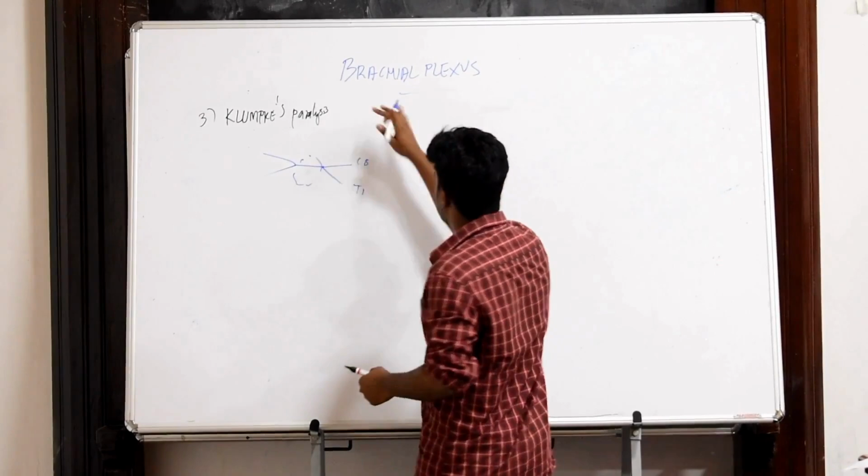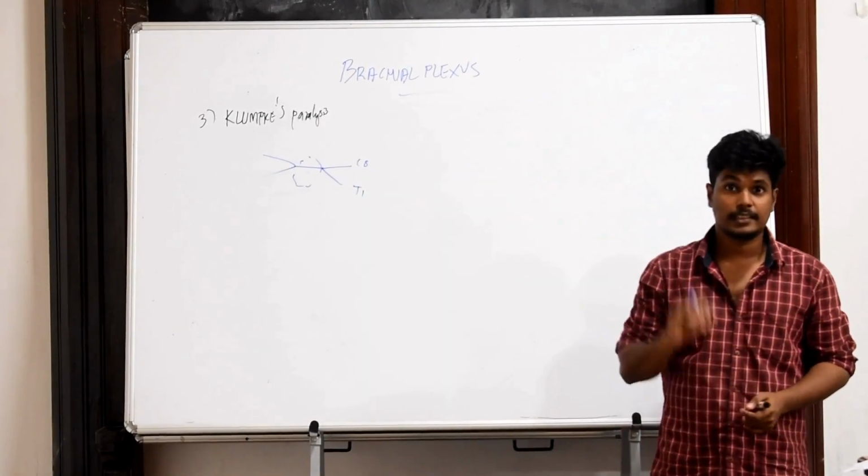The typical clinical feature in Klumpke's paralysis is a complete claw hand.